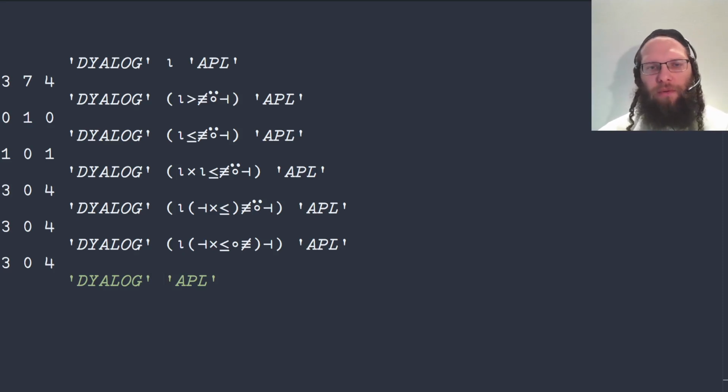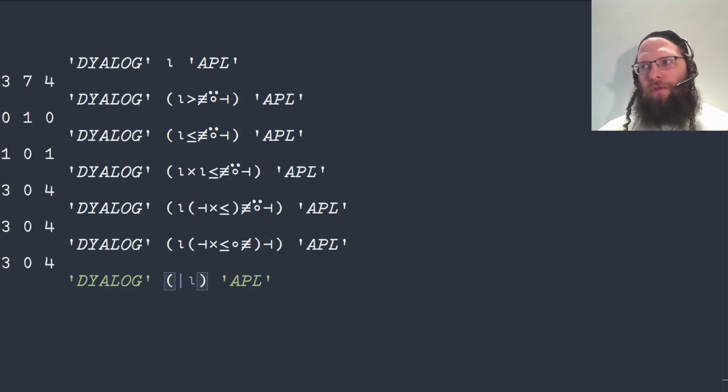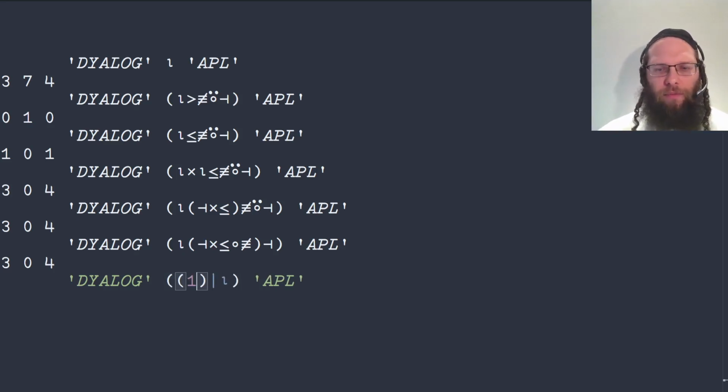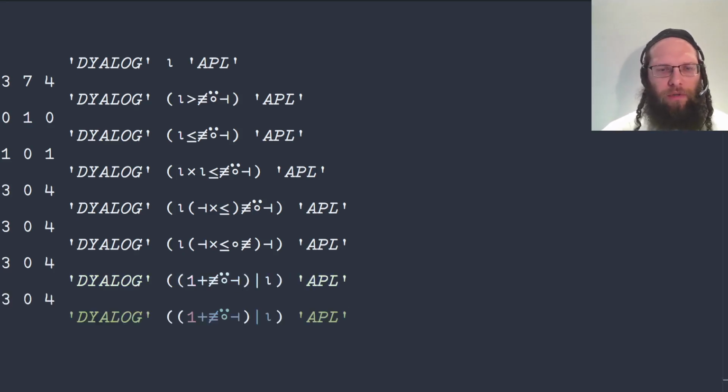And this is exactly what modulus or division remainder does. So if we take the indices and then we want to wrap around where the cutoff is 1 more than the length of the left argument. So we could write that in a tacit form, 1 plus the length of the left argument, and this would still work.